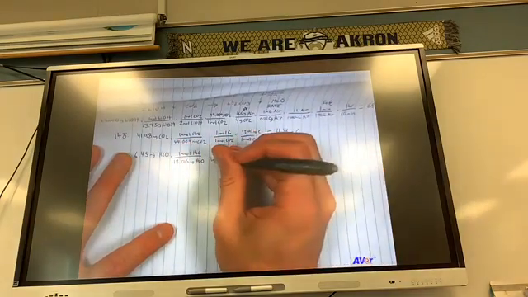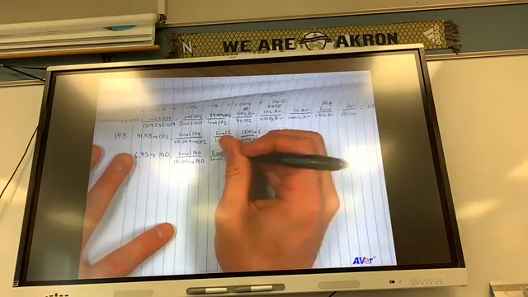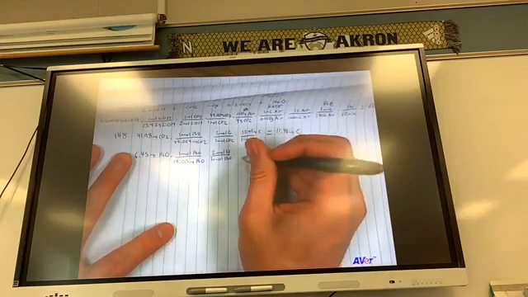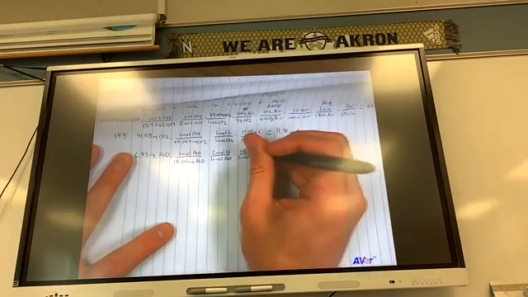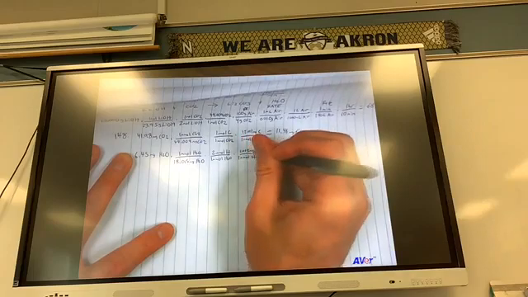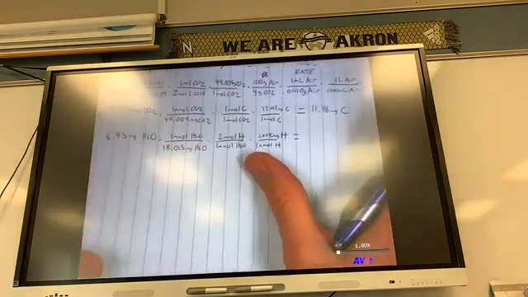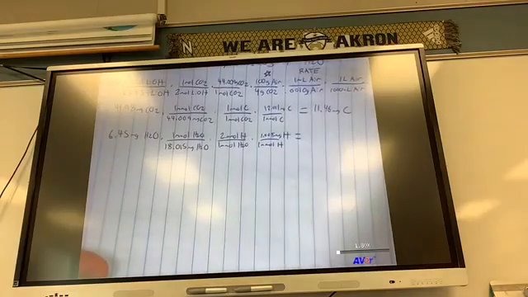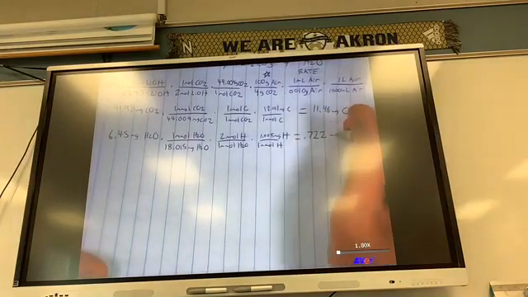In every 1 millimole of H2O, there are 2 millimoles of H. In every 1 millimole of H, there is 1.008 milligrams of H. So I got 0.722 milligrams of H.